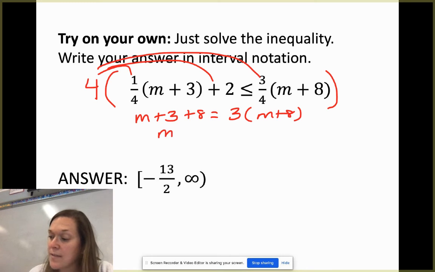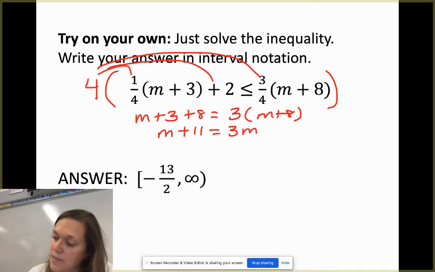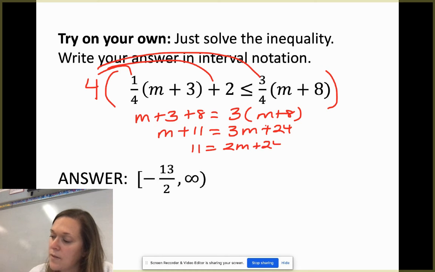Combining like terms gets us m plus 11 is less than or equal to 3m plus 24. Subtracting an m gets us 2m plus 24. Subtracting 24 from both sides gets us negative 13 is less than or equal to 2m.